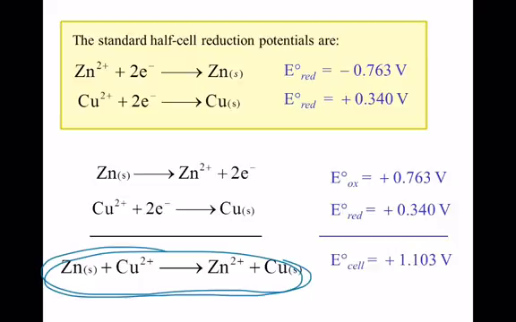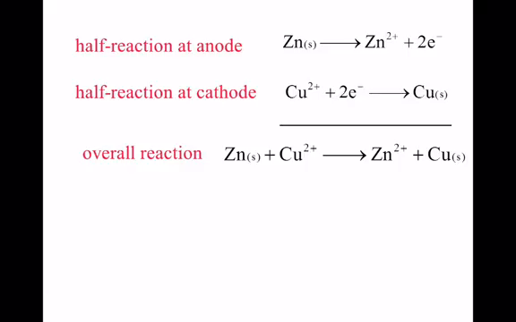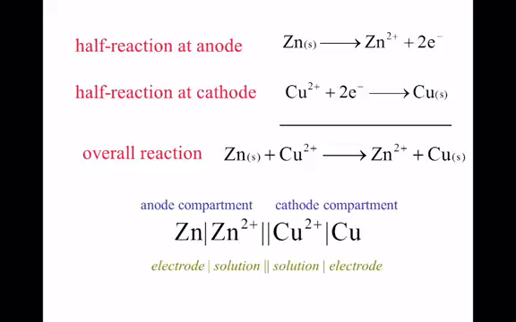It goes from left to right: anode, cathode, oxidation, reduction. So what's being oxidized? The zinc. What's being reduced? The copper.